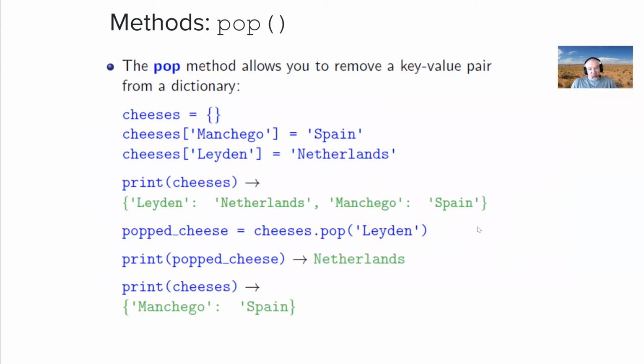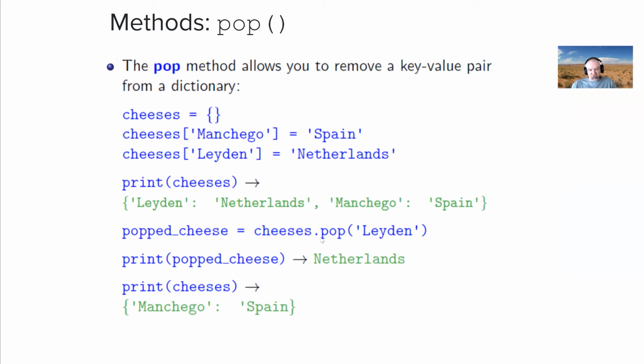The method pop, which we looked at and learned about for lists, essentially works the same for dictionaries, except instead of popping the last element of the list, it pops a key value pair of a dictionary, right? So if we have this dictionary over here with two key value pairs, we print cheeses, there's two key value pairs, so far so good.